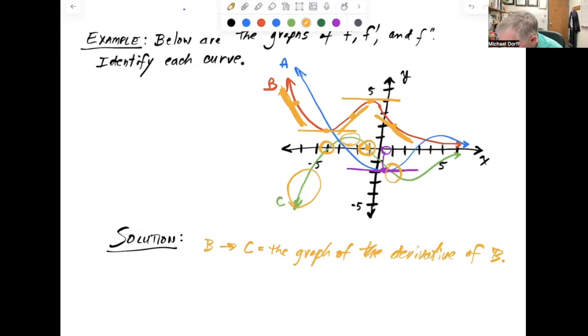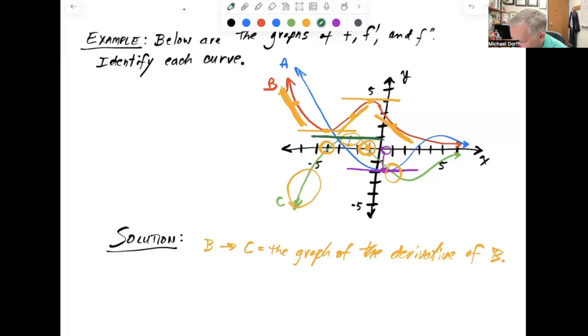Now let's look at C. If I take the graph of C here, where does it have valleys and hills? Right here at about -2.5, there is a hill. If I draw the tangent line on the graph of C in this darker green, that slope is 0.